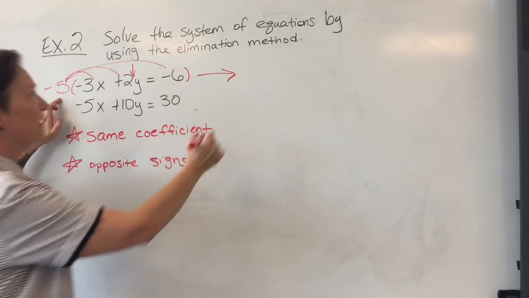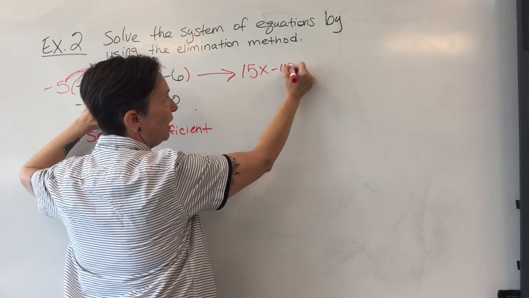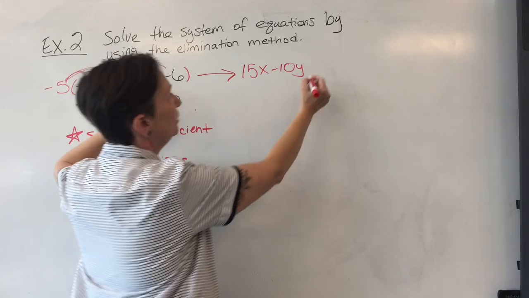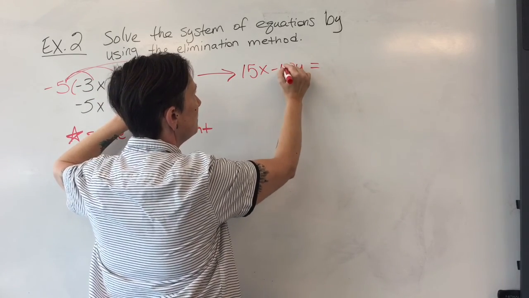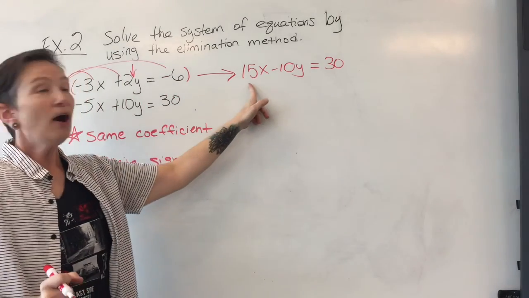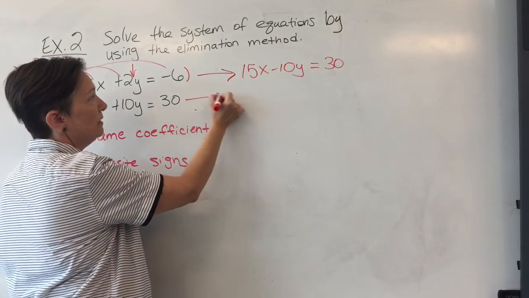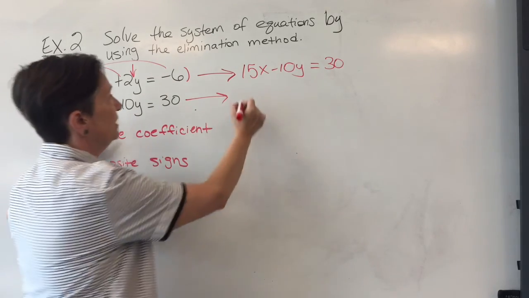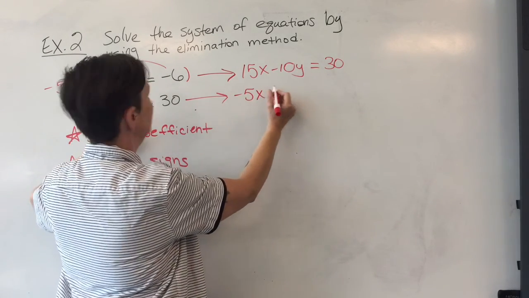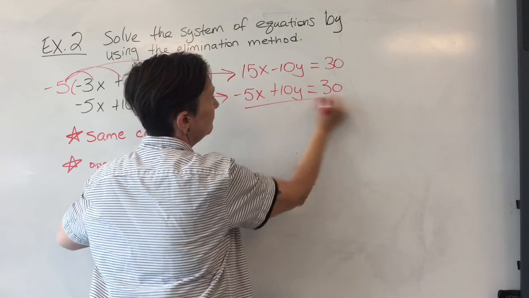So I should get 15x minus 10y equals positive 30. Now that top equation is done. Now I can just bring over that second equation. Negative 5x plus 10y equals 30.